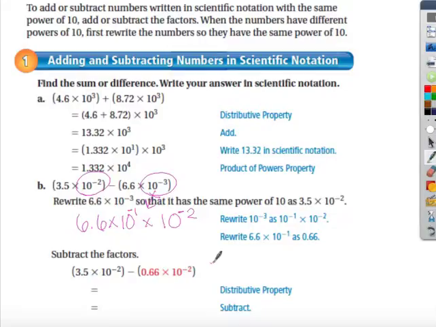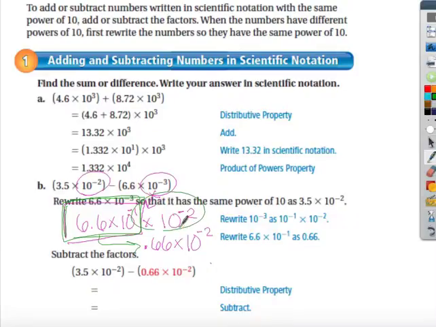Now, we can simplify this by moving our decimal one place to the left, like the power indicates, and we get 0.66 times 10 to the negative 2. So we took this boxed in version right here, and we simplified it to 0.66, and then we brought down our power of 10. Okay?